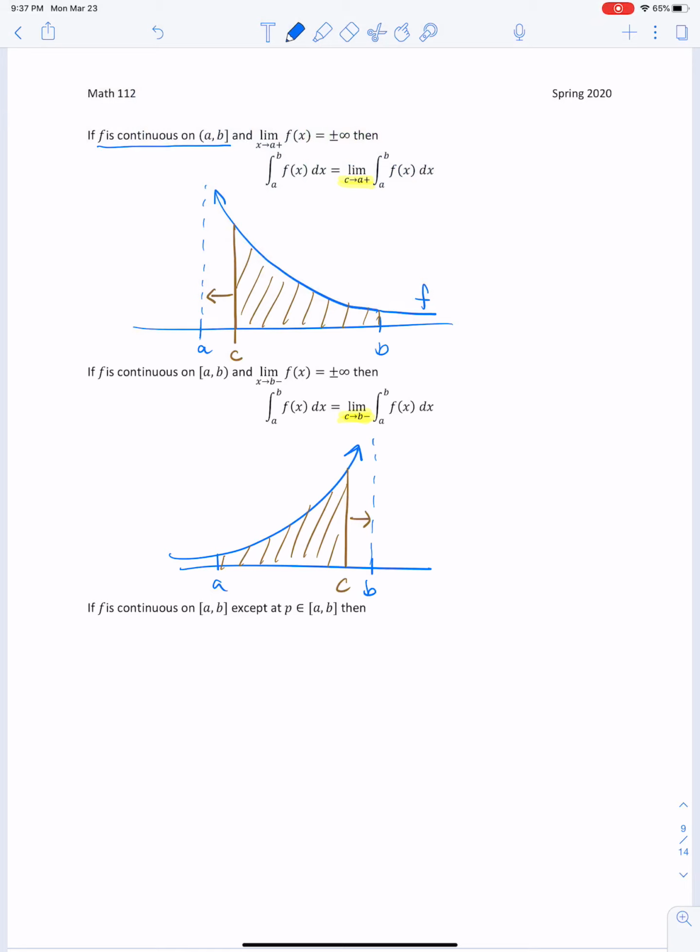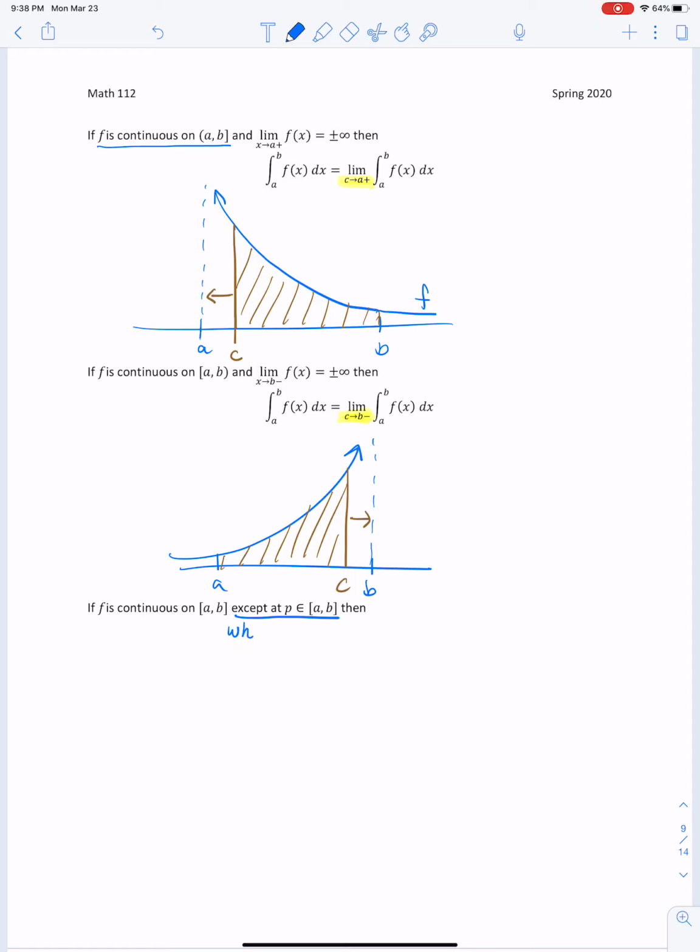Now in the next case, we're thinking about a function continuous on [a, b], except at some point P in the middle of this interval.